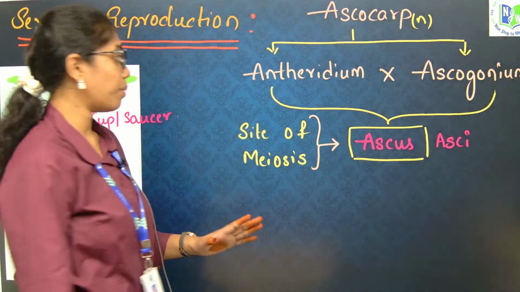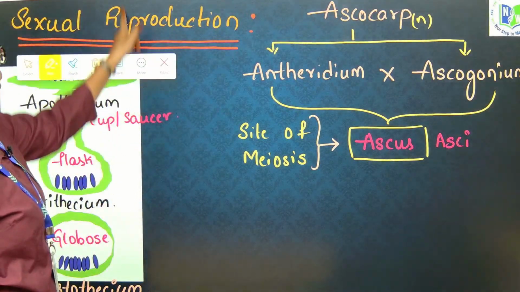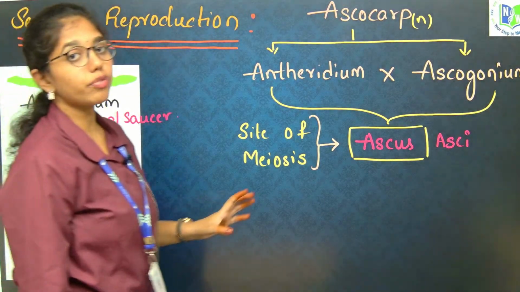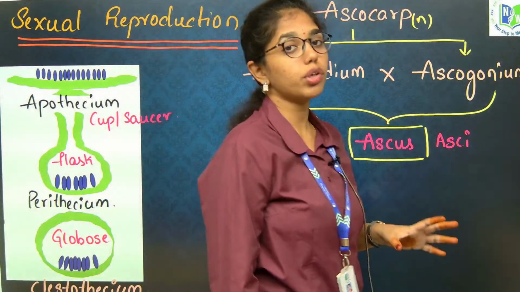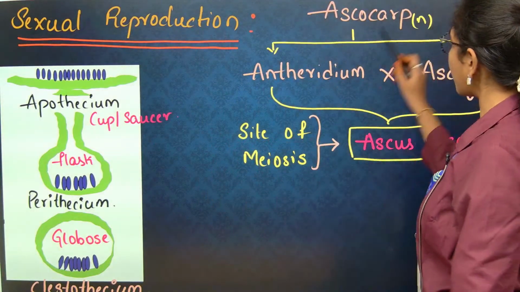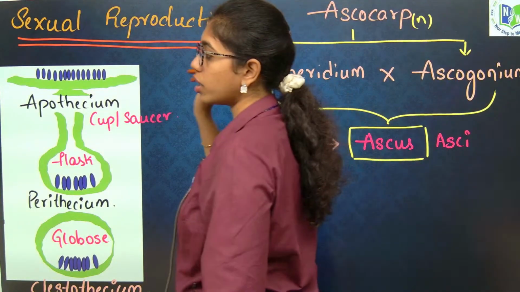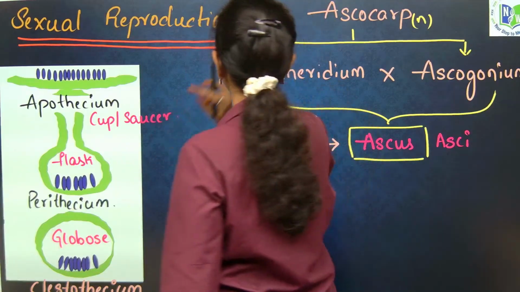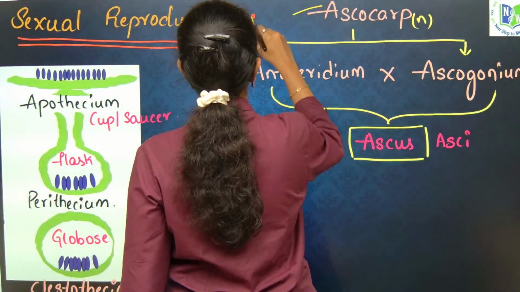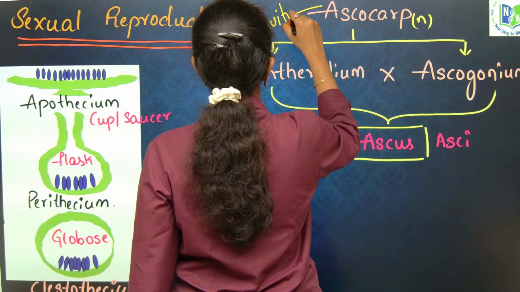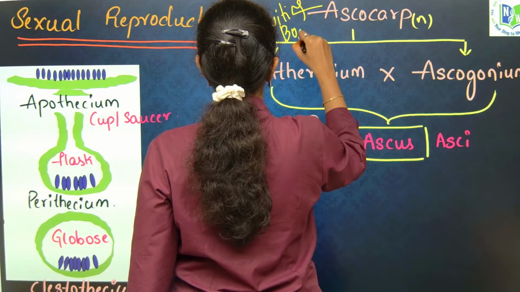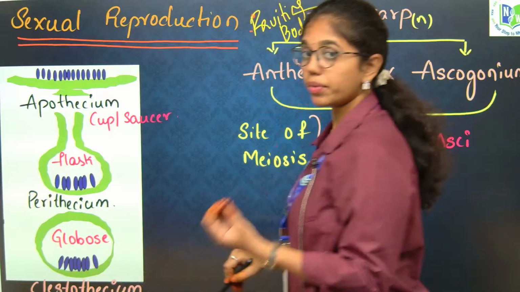Fusion of gametes. So, here ascocarp is the fruiting body inside which the fusion happens. Ascocarp is what? Fruiting body that is originating from the fungal hyphae.